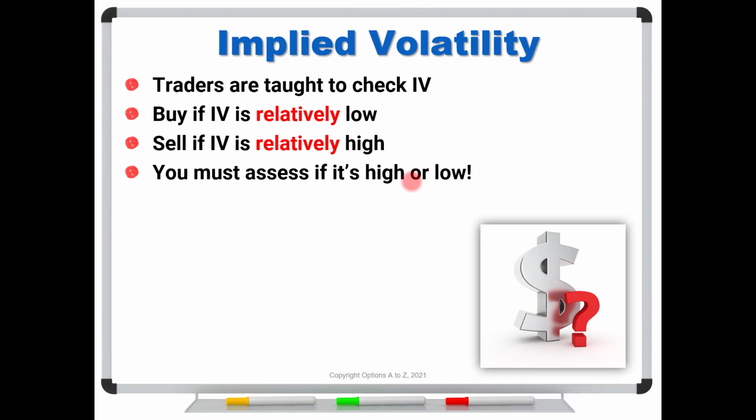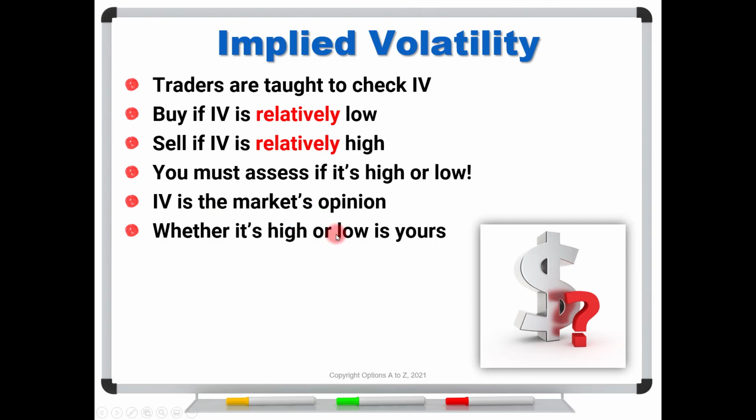It's just a relative high. So remember that the IV is the market's opinion, but whether it's high or low is really yours. It's your determination that comes up to the conclusion that it's either high or low. So really this whole notion of comparing the historic volatility to the implied volatility is really just opinion versus opinion.